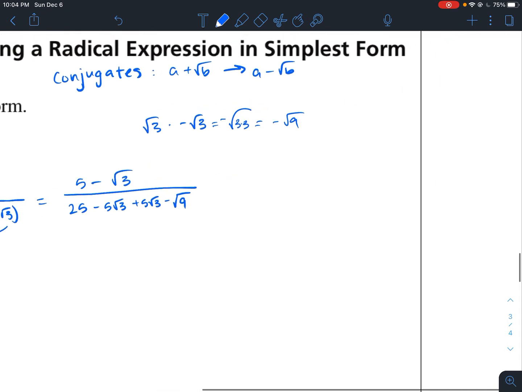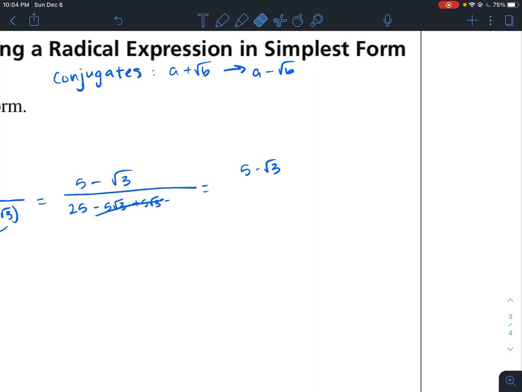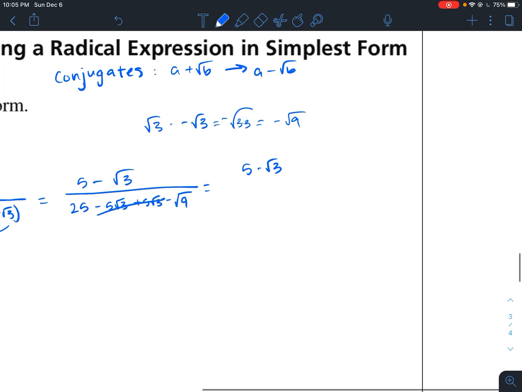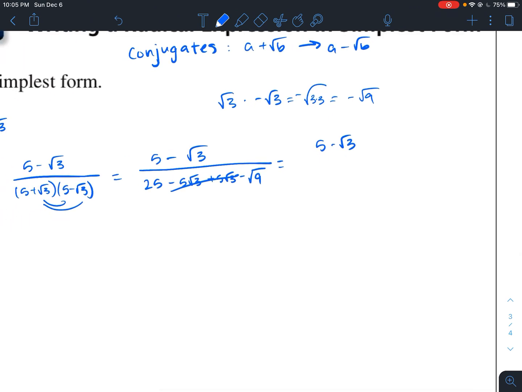Now I can simplify this even further. Notice here that these cancel. Also, I lied to you guys. That's not right. Oh wait, I think it is right. I'm just thinking different. I'll explain in just a second. But in any case, I have both a positive and a negative 5 square root of 3, so those will cancel, which is why we want to use conjugates, because those cancel out really easily.